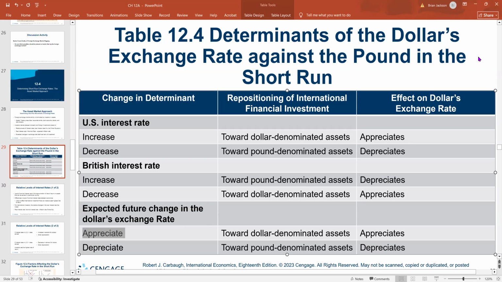So if you expect the dollar to appreciate, then go ahead and buy dollars today. Cash in those, turn those pounds into dollars. That is to say, if you think the dollar is going to get stronger, it's going to be worth more pounds in the future, get ahead of that. Now, everybody's going to do that. If there's an expectation of something rising in value in the future, people will buy it today.